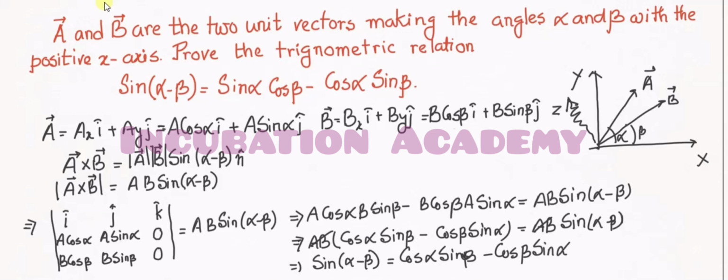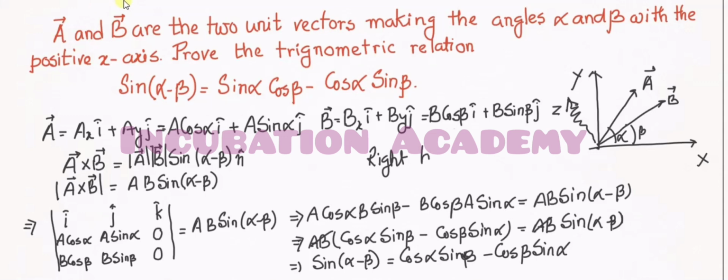Okay, you may say, sir, what is given here and what we have to prove here? There is a negative sign here. So for that purpose, to understand this, I want to introduce one concept, I am introducing it now because it becomes less hectic: the right hand corkscrew rule.